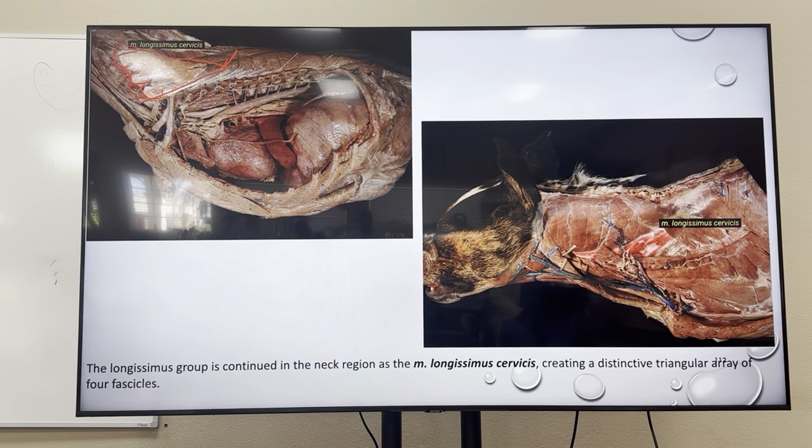The spinous processes of thoracic vertebrae serve as its origin, and it inserts on the transverse processes of C3 up to C6.